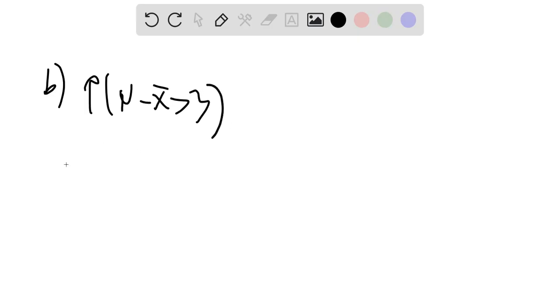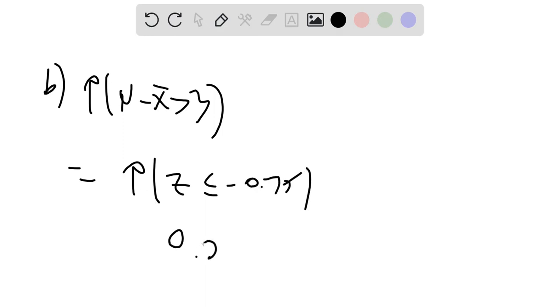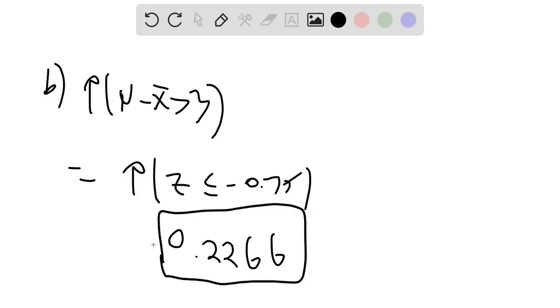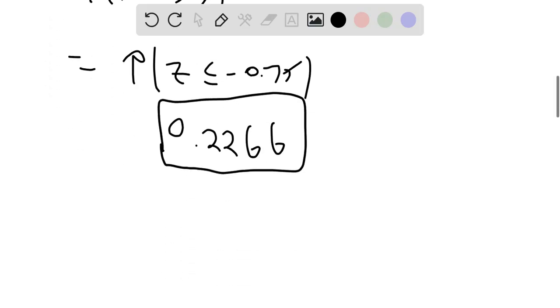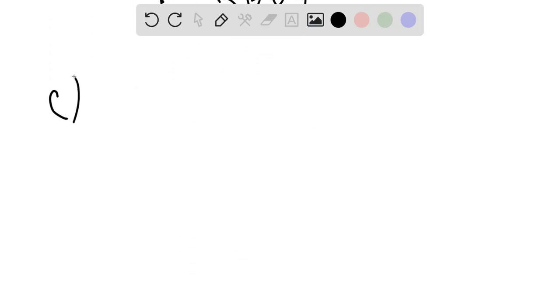So this is equal to the probability that Z is less than or equal to negative 0.75, which gives us 0.2266. So the probability that the sample mean is more than 3 hours below the population mean is 0.2266.